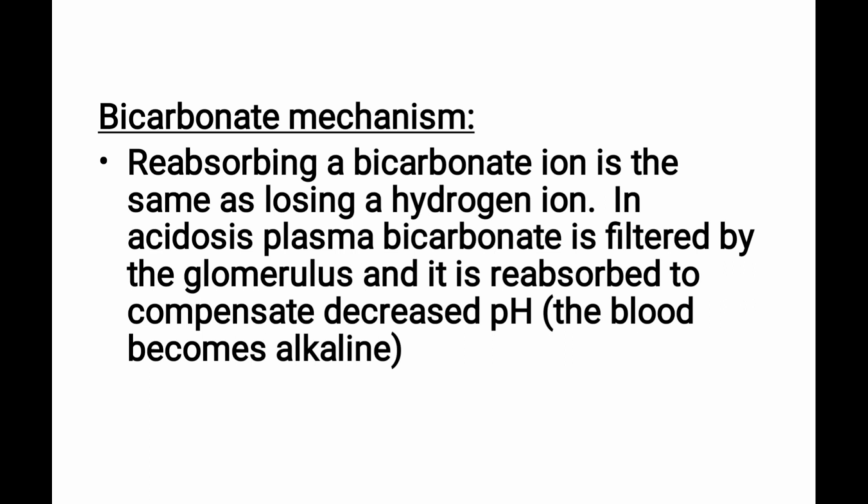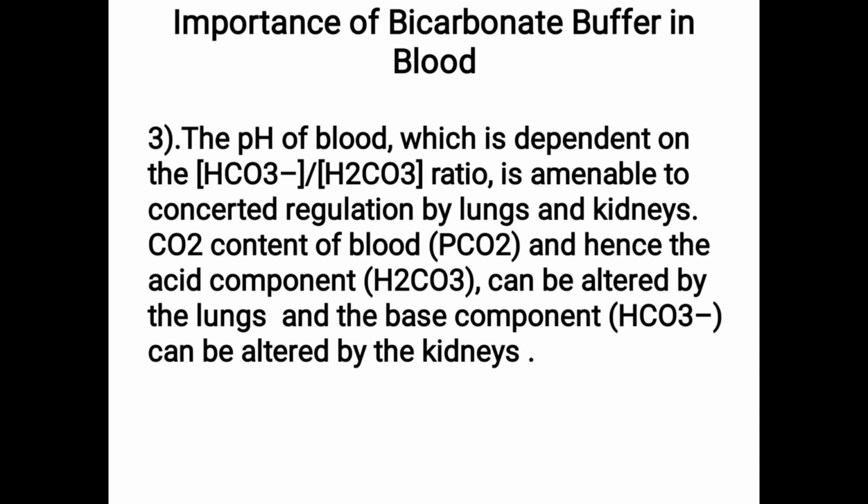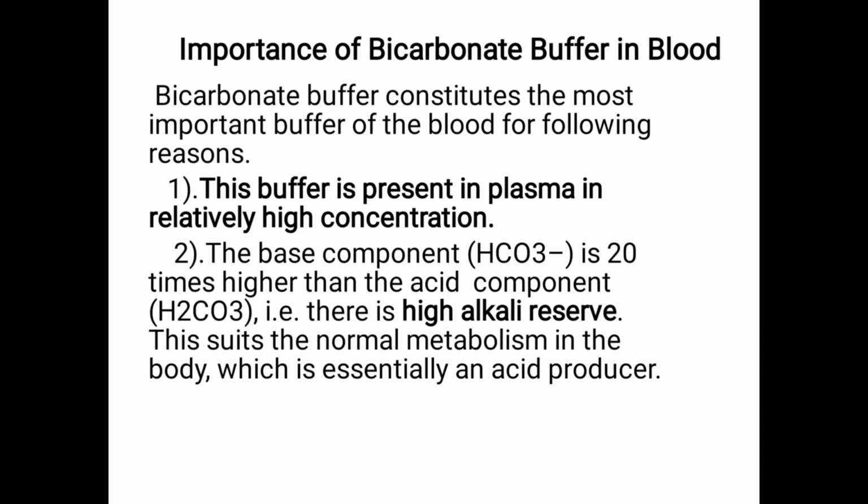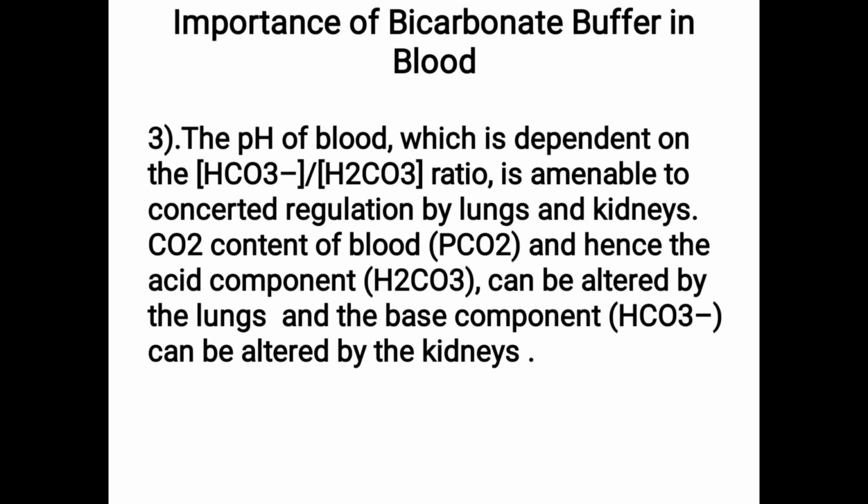This buffer also regulates pH. The main buffer is the bicarbonate buffer, with carbonic acid H2CO3 and bicarbonate HCO3 as components. This is the major buffer system, which constitutes about 60% of the buffering capacity of blood.